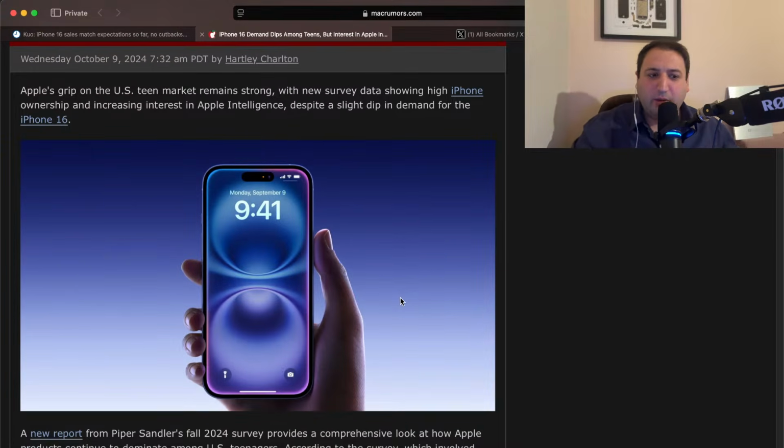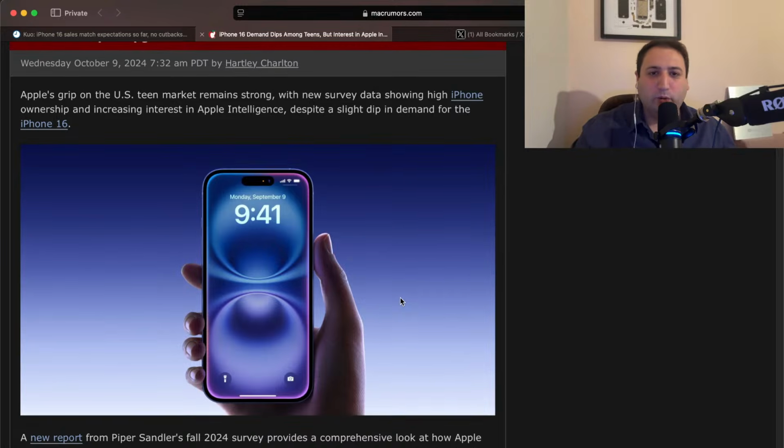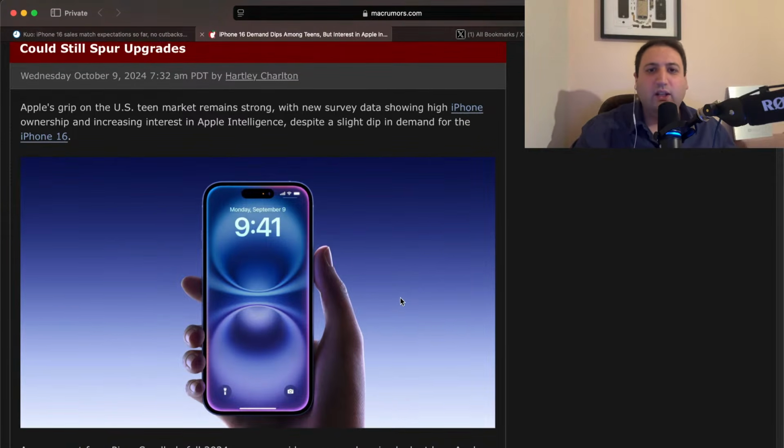So this gen might be very interesting. Unfortunately, of course, Apple does not give us those kinds of deep breakdowns on per model sales, but maybe the likes of Ming-Chi Kuo and supply chain analysts will be able to give us some interesting data.